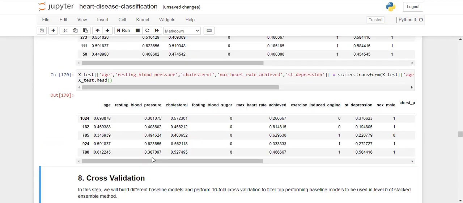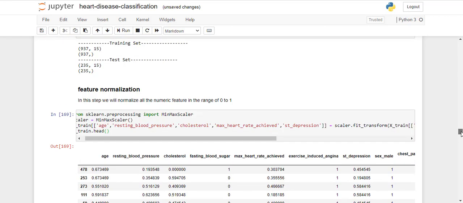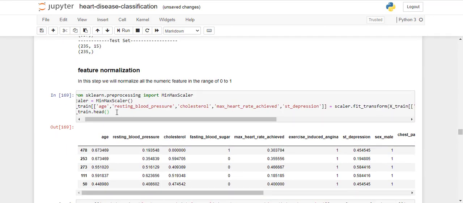Okay, and one important point, friends. Generally, when we scale our variables, don't do scaling before the train test split because it will create data leakage. Always scale your features after doing the train test split.